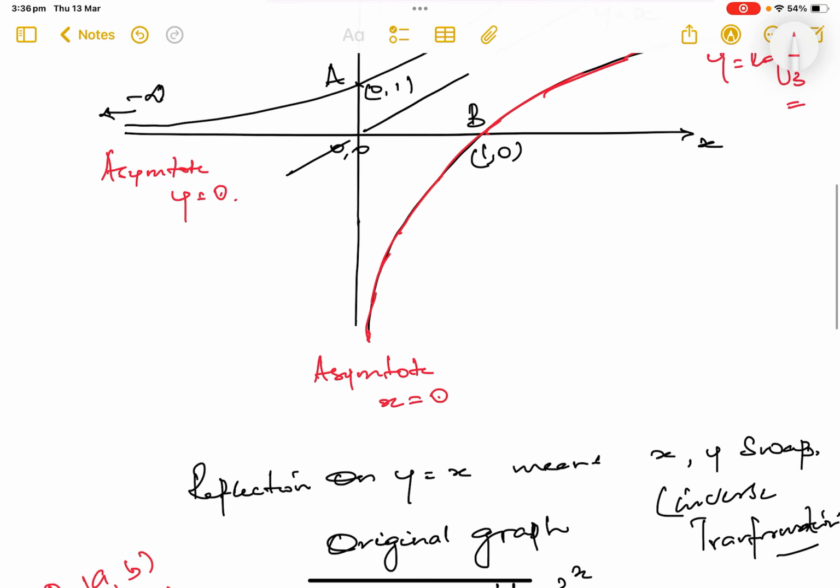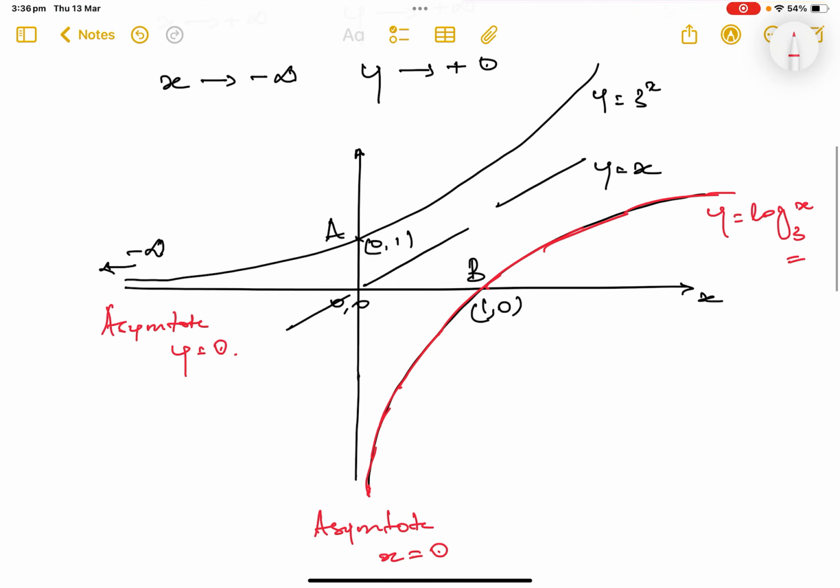Now looking at the graph, point A is on the original curve, and its reflection is point B. The x and y values swap, so we get (1, 0), which means it crosses the x-axis there.